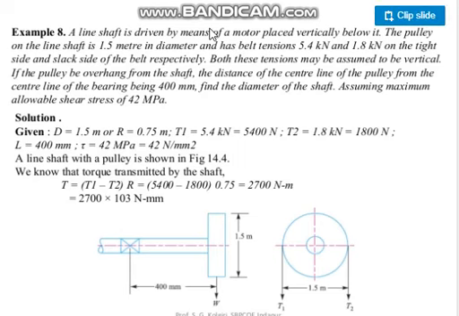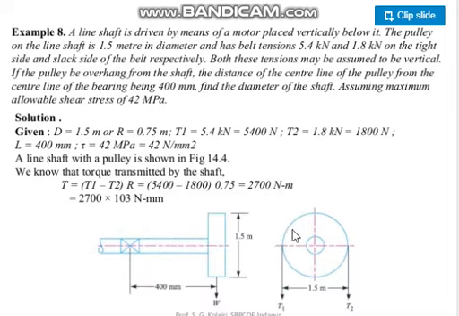So the pulley on the line shaft is 1.5 meters in diameter, and has belt tensions of 5.4 kilonewton and 1.8 kilonewton. You see, the belt has a tight side tension and a slack side tension. If it is rotating in this direction, clockwise, then it will be pulling and giving it here.